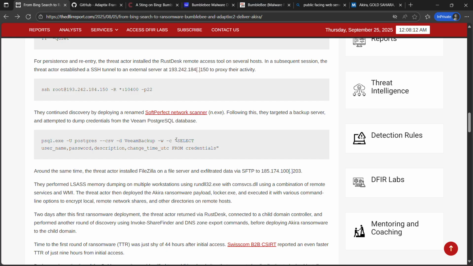They're basically telling it to select username, password, description, change time, etc., from credentials. So basically, they're looking for all of this information from credentials, right?